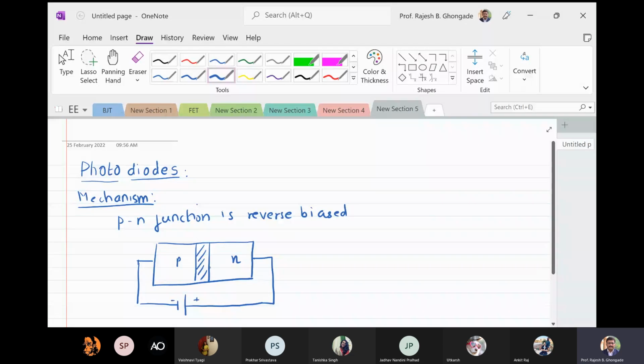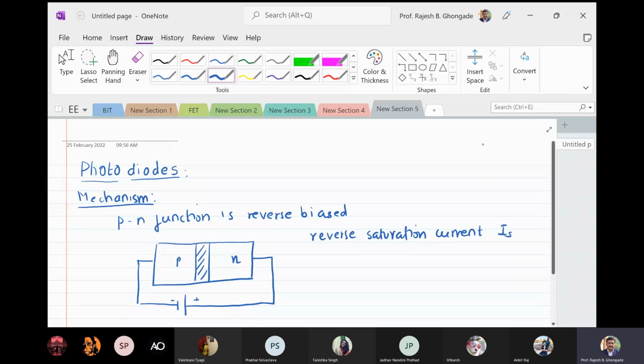So in case of a reverse biased PN junction, what happens? There is a very small current called the reverse saturation current, right? We used to call it IS.